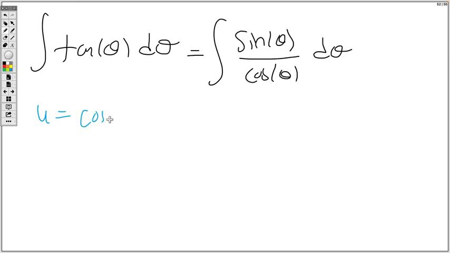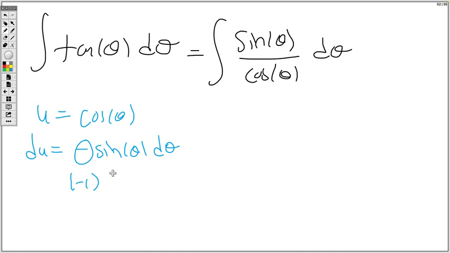Because if I let u be the cosine of theta, what's the du? It's negative sine of theta, d theta. Remember that negative is really a what? That's really a multiple of negative 1. So we can handle that negative in the same way we handle all the constants. So in the land of u, we'll just have this negative out front.